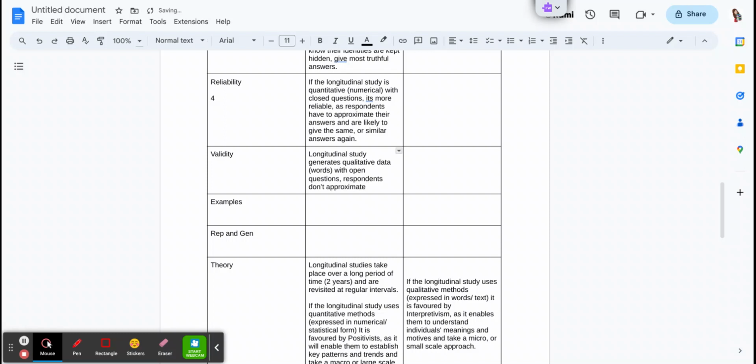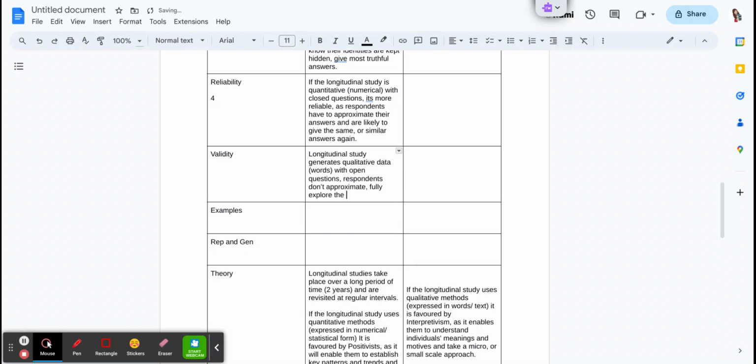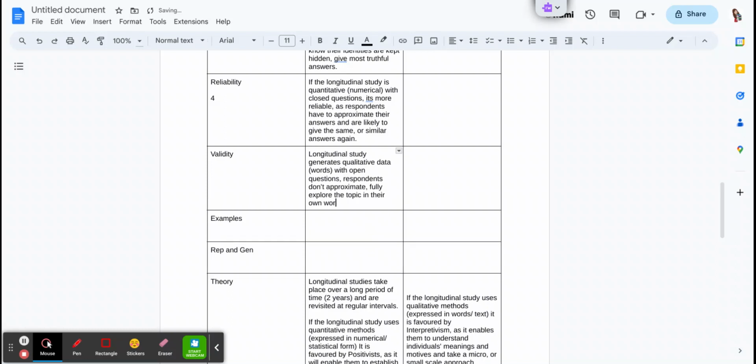If there's open questions where respondents don't approximate, they can fully explore the topic in their own words. It increases the validity.